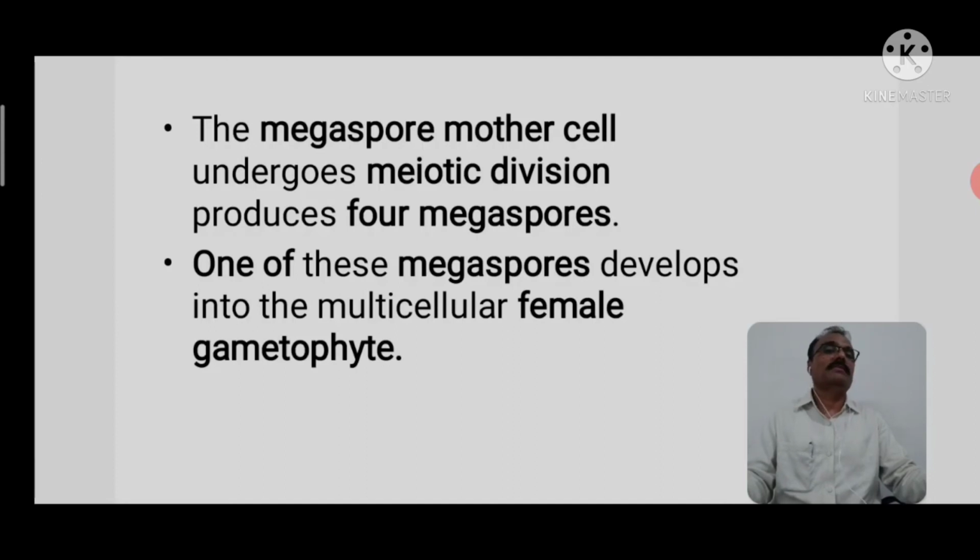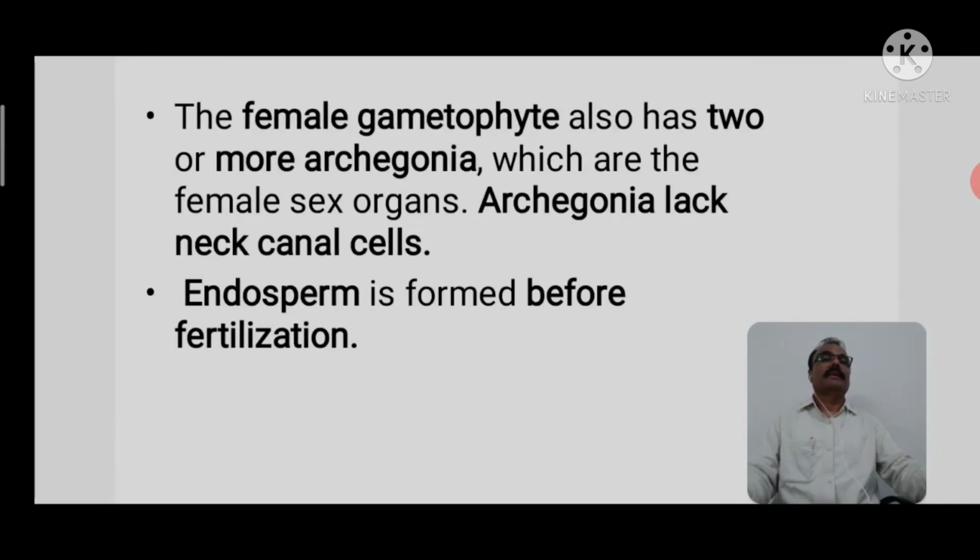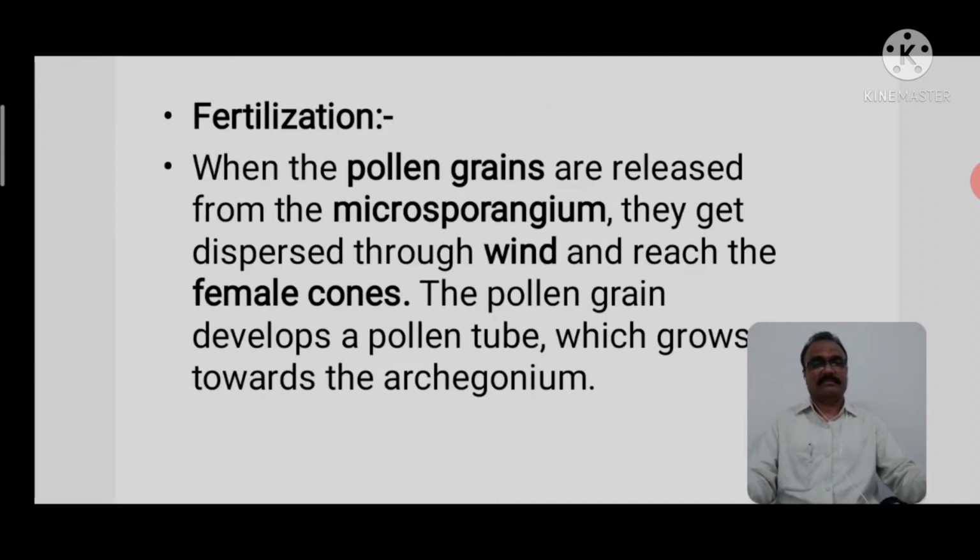One of these megaspores develops into the multicellular female gametophyte. The female gametophyte also has 2 or more archegonia, which are the female sex organs. Archegonia lack neck canal cells. Endosperm is formed before fertilization.